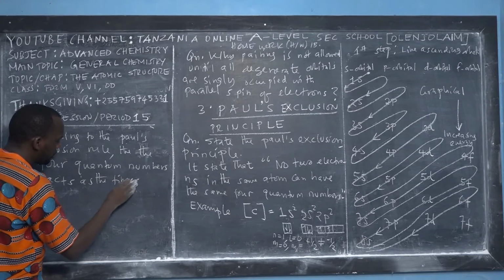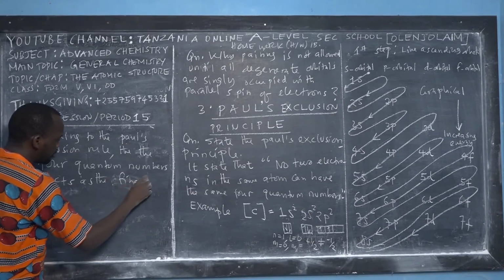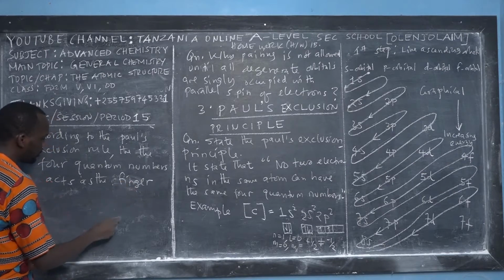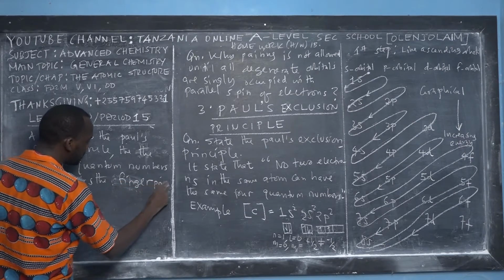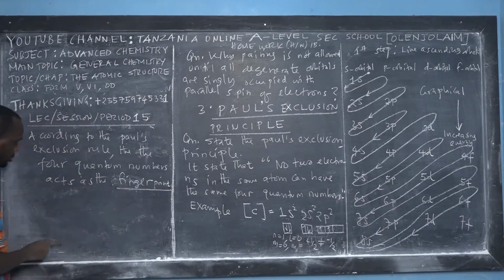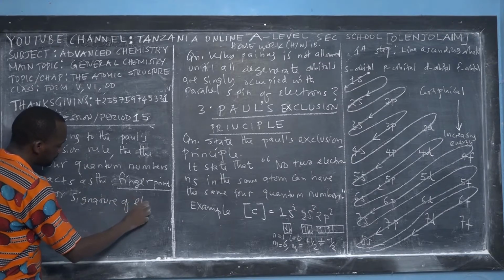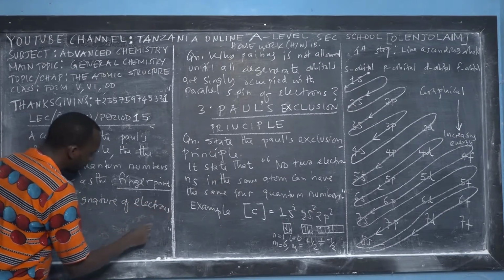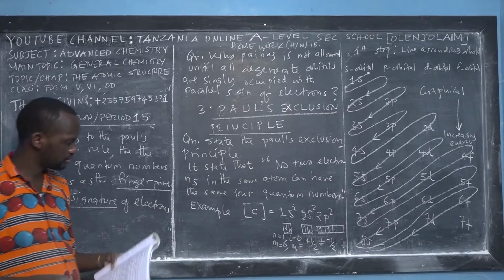Say fingerprint. You know that we don't have the same fingerprint. Among 6 billion people in the world, we don't have the same fingerprint. So this acts as a fingerprint or signature of electrons. So a signature gives us unique identification.